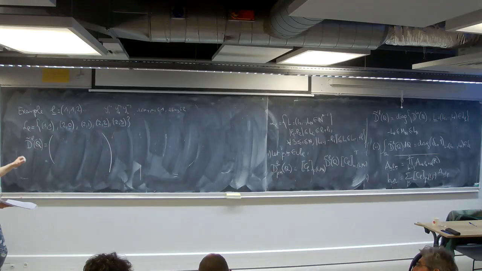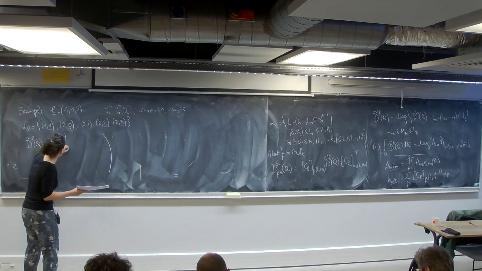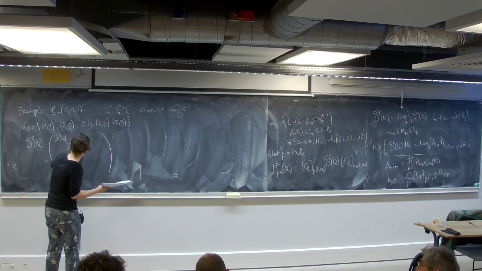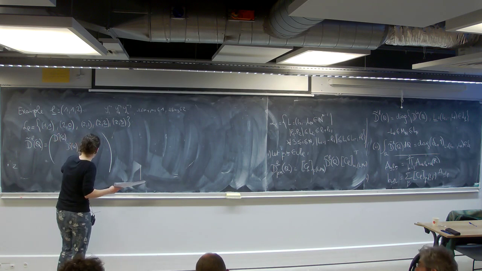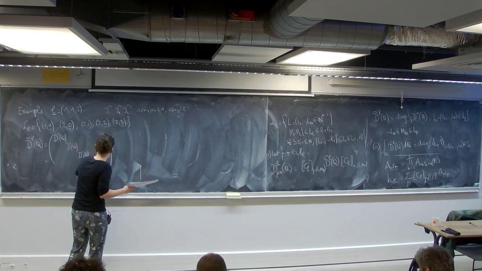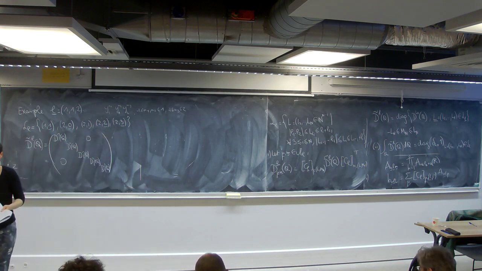So here we will have D1 of Q, D0 of Q, D1 of Q, D2 of Q, and D3 of Q. And the rest is just 0.